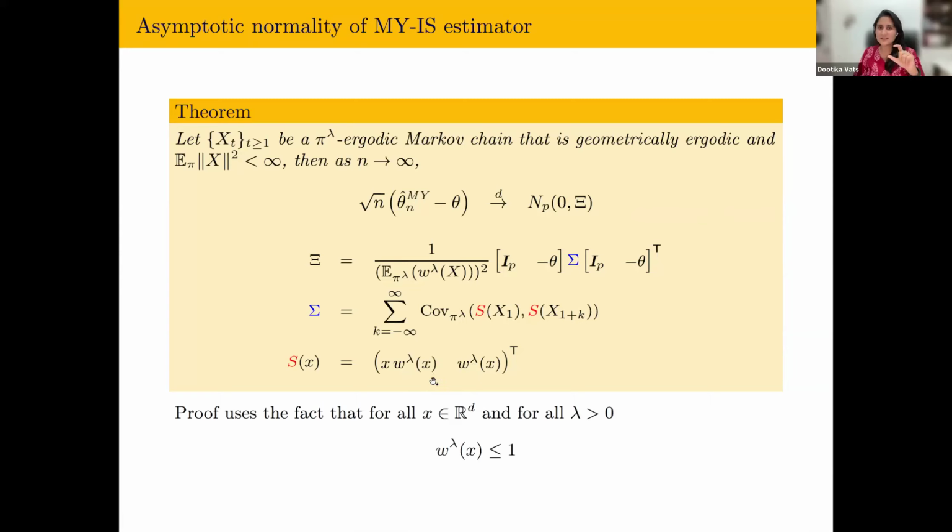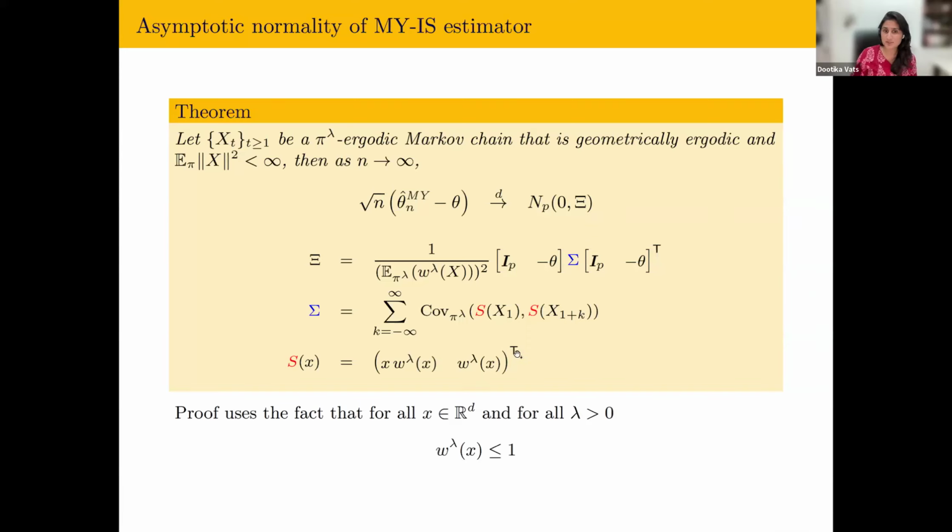And the result basically follows by calling a Markov chain central limit theorem for this particular tuple, which gives me this infinite sum of lag covariances for sigma. And then I use a delta method argument to get the final expression for the limiting variance covariance chi.